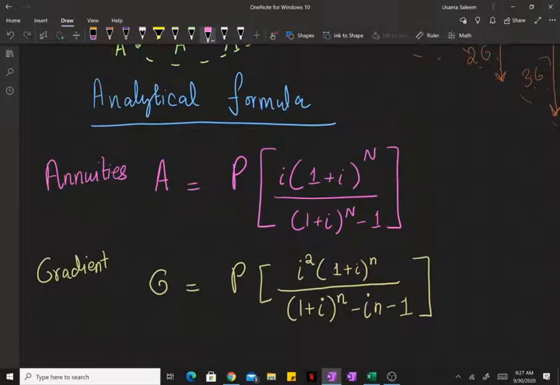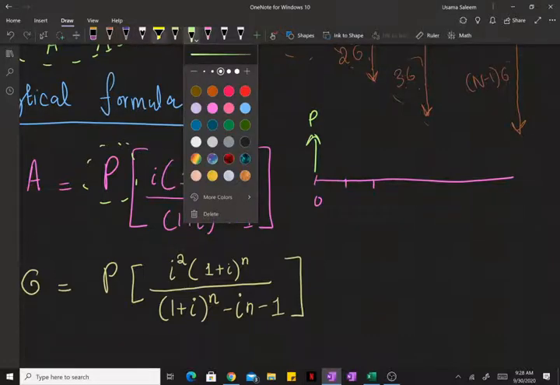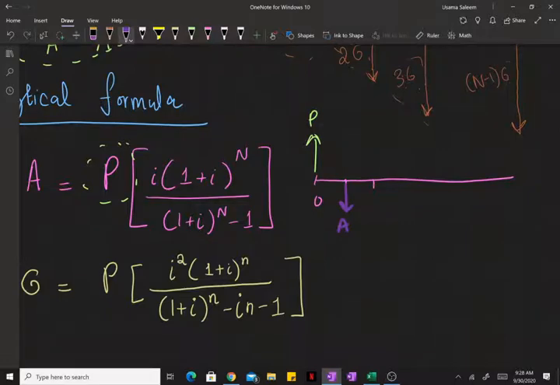So the first formula is for when you have a uniform series of cash flows. So you start off at year zero by taking a loan where P is the present value of that loan, and each subsequent year you're making a payment of A. Each subsequent year, and N is going to be the year in which you make your final payment.